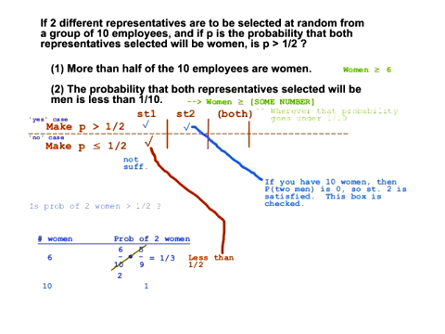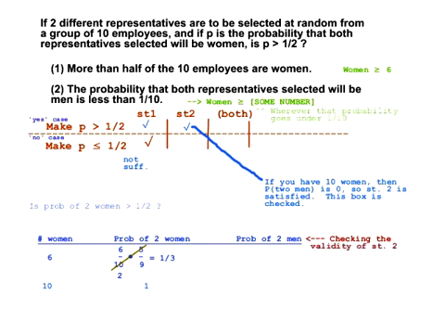So if you have 6 women, let's just extend the chart, right? What we need to do is extend this into the probability of 2 men, to check whether statement 2 works, basically. So this is just checking the validity of statement 2, which is what HW is doing there.